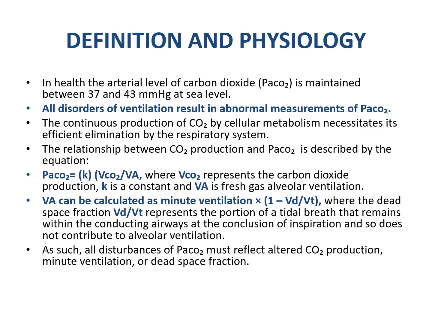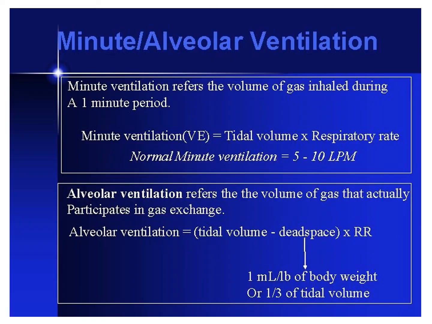VA can be calculated as minute ventilation times one minus the dead space fraction, VD over VT, where the dead space fraction represents the portion of a tidal breath that remains within the conducting airways at the conclusion of inspiration and so does not contribute to alveolar ventilation. As such, all disturbances of partial pressure of CO2 must reflect altered CO2 production, minute ventilation, or dead space fraction.